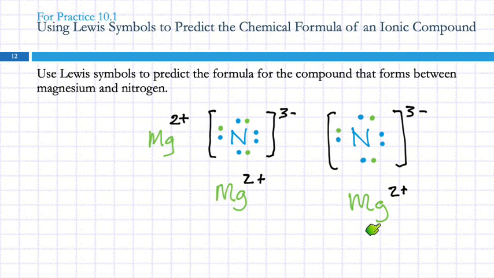Well, it took 3 magnesiums and 2 nitrogens for the transferring of the electrons to work out. So Mg3N2 is the formula for the ionic compound that forms between magnesium and nitrogen.